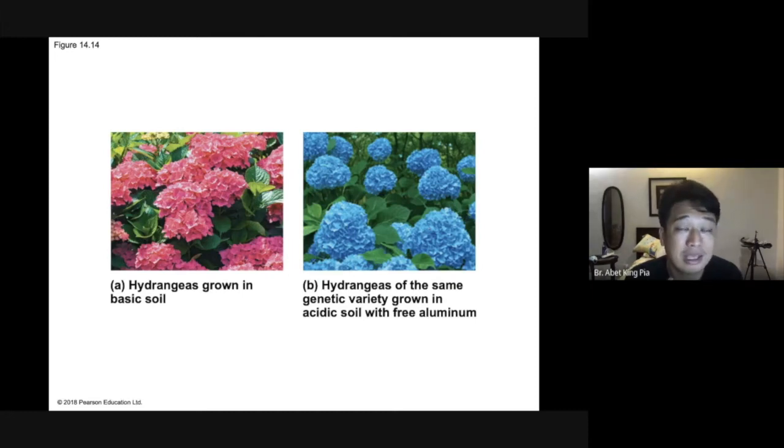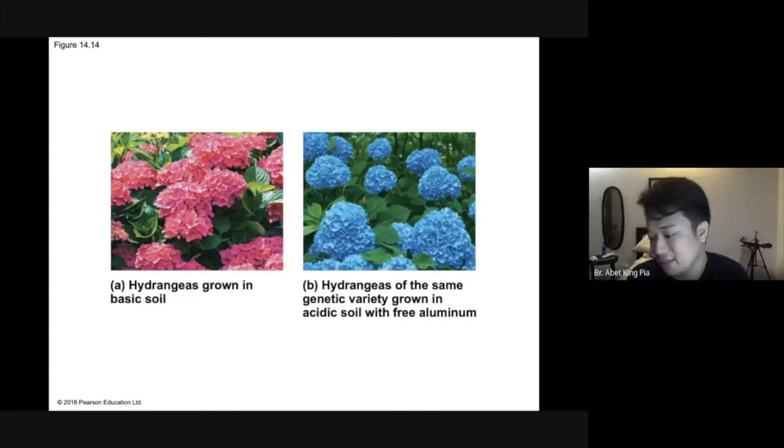Even if iisa lang yung plant or iisa lang yung genetic niya or yung genotype niya, the color of the plant will be affected kung nasaan yung environment niya.